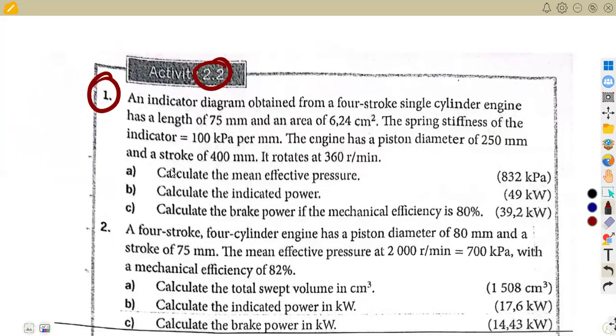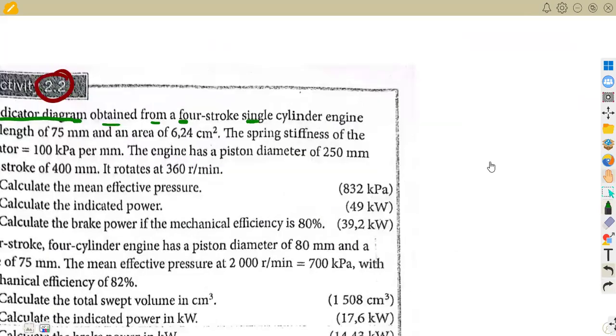It's all about the indicator diagram again. There they gave us an indicator diagram obtained from a 4-stroke single cylinder engine. This information is not to say it has to stick to the indicator diagram.